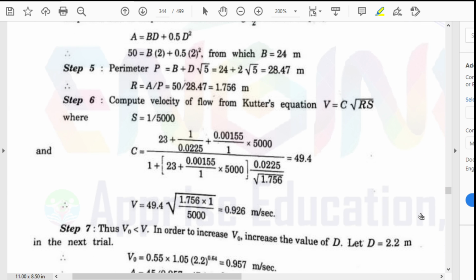Firstly, by using Kutter's equation you have to find the Chezy's constant. The formula is 23 plus 1 by n plus 0.155 by s, divided by 1 plus 23 plus 0.155 by s bracket, n divided by root r.